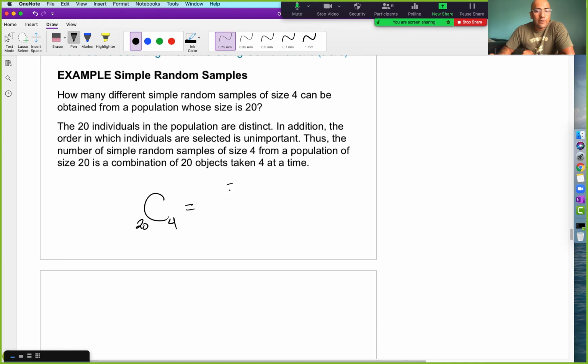Good. Following our formula, that's going to be 20 factorial over 20 minus 4 factorial, and then there's this extra 4 factorial in there. Good. So this is going to be 20 factorial divided by 16 factorial, divided by 4 factorial, 16 factorial.